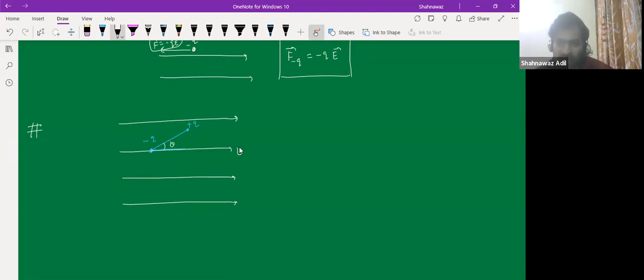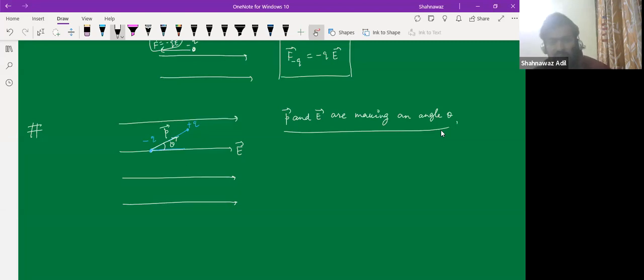So this is your electric field, and this is your dipole. And this is the direction of what? Dipole moment. So P and E are making an angle, right?